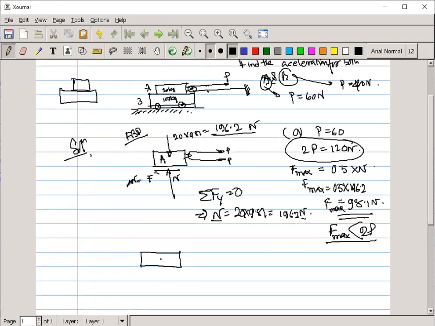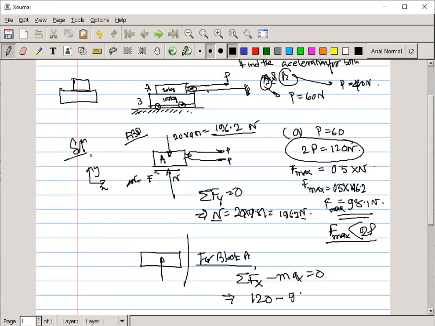So to solve this type of problem, here this is your normal. First of all, for block A we can write summation of F along X minus mass into acceleration along X, if this is your X axis and this is your Y axis. So what can we write?